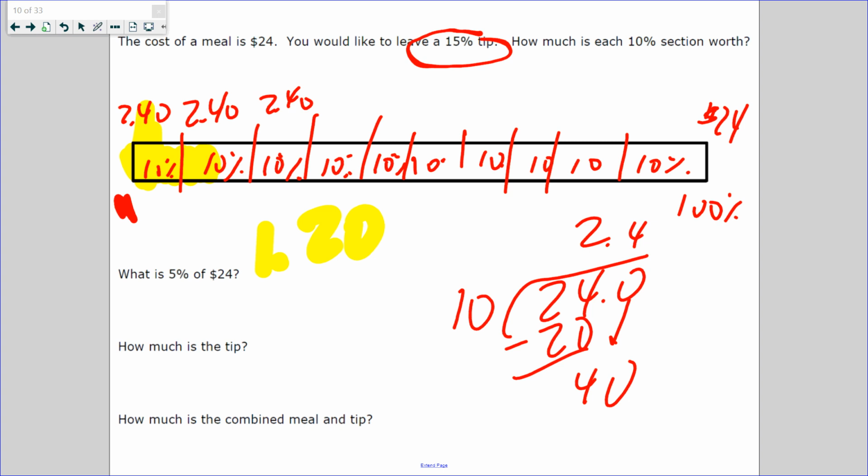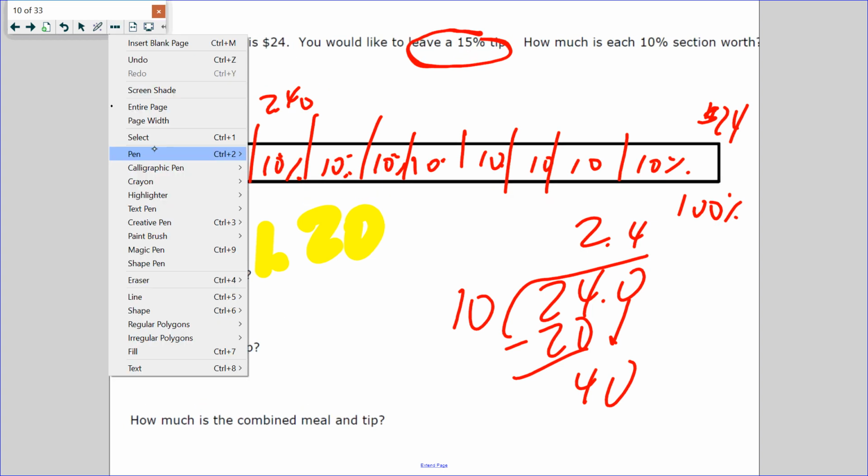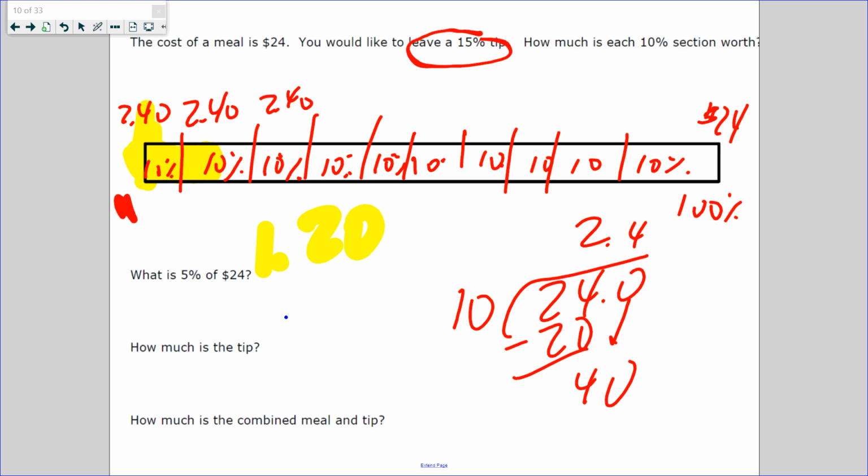Much better. So 10% is $2.40. 5% is $1.20. So $2.40 plus $1.20 is $3.60.